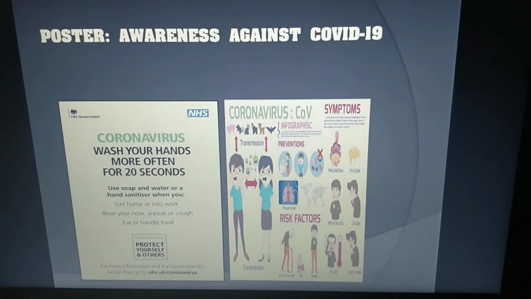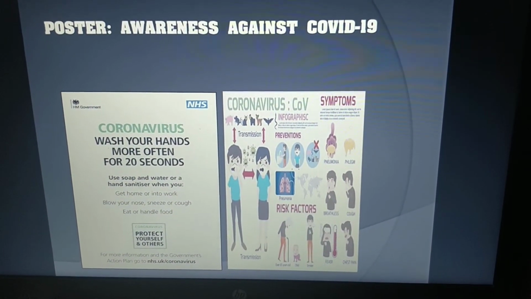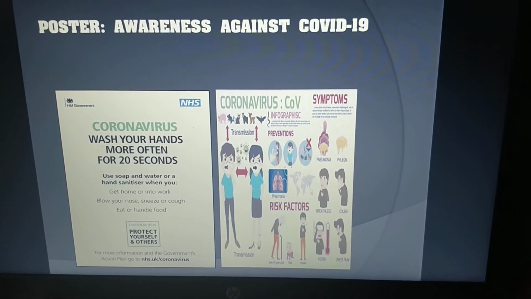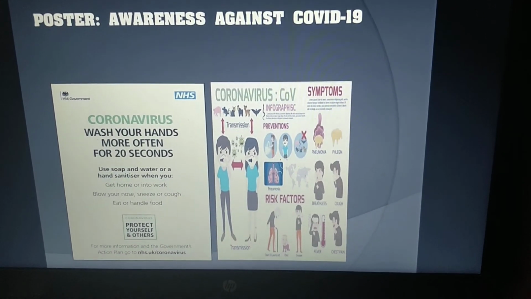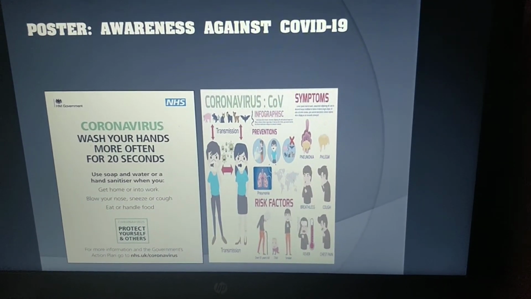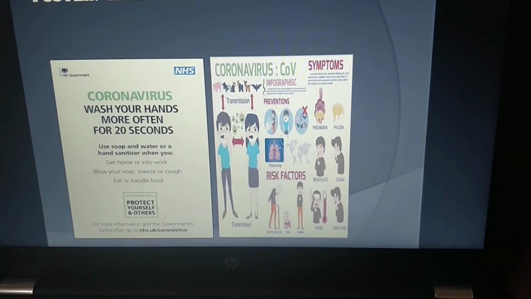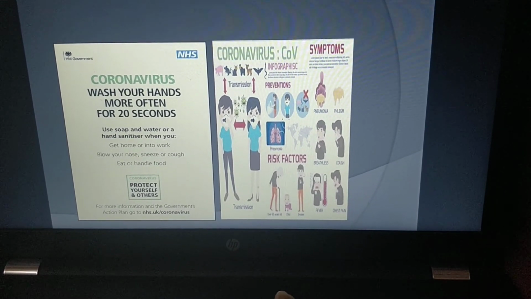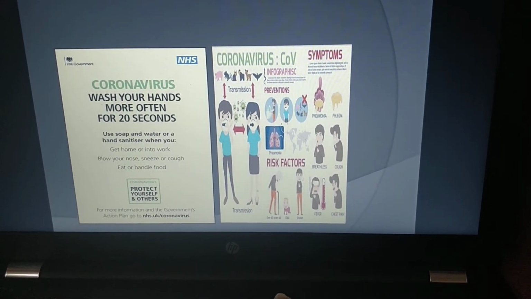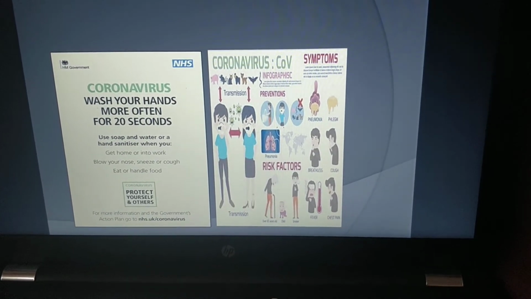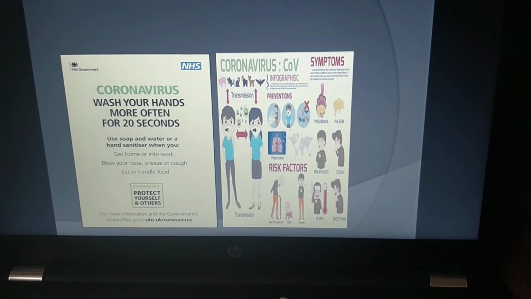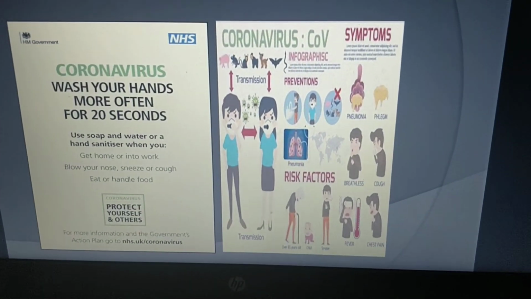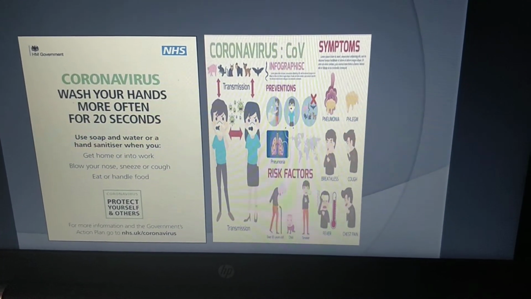Now the next one is the poster which is creating awareness against the alarming pandemic COVID-19, a disease which has threatened the entire world. There are two posters given here. On the left hand side you can see only captions and slogans written, and the poster speaks of all the preventive measures to be taken to prevent the spread of this disease, and along with it the causes also.